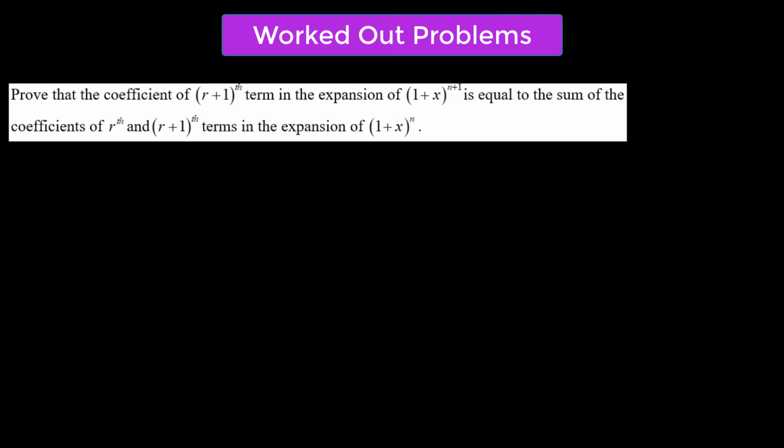In this particular question, we have to prove that the coefficient of r plus 1th term in the first binomial expression is equal to the sum of the coefficients of the rth and r plus 1th term in the expansion of the second binomial expression.